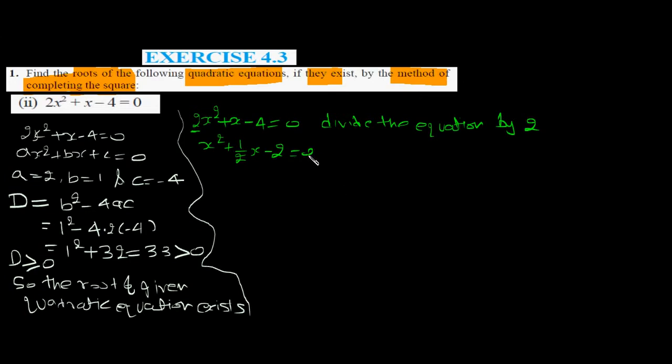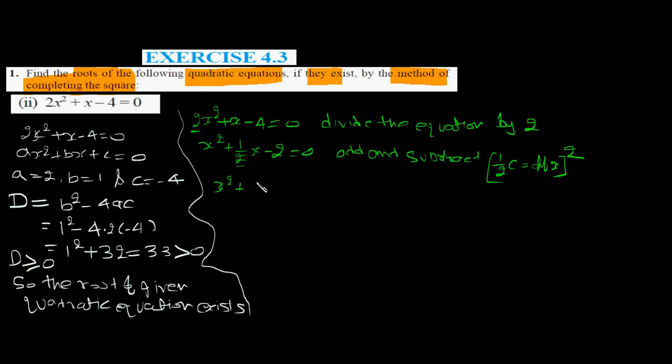Here I will add and subtract half of the coefficient of x to this equation. The coefficient of x here is 1 by 2. So I will add and subtract half into 1 by 2, whole square, to this equation. Okay, let us do that.